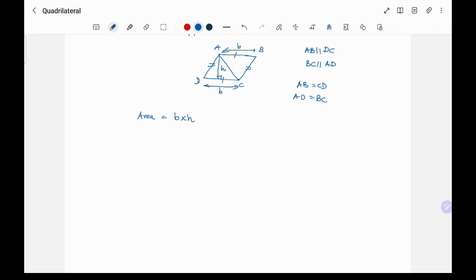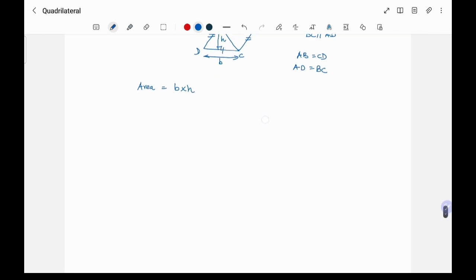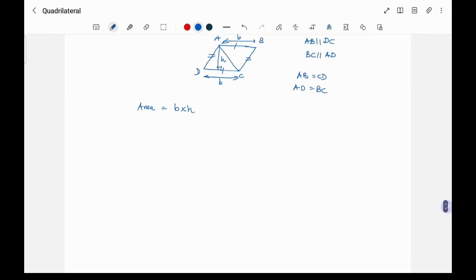So it is half into b into h and half into b into h, which together makes b into h. Again, area can also be seen from the vector formula as the cross product between two of the adjacent sides, which will give you half into DC into DA into sine theta. So the half will not be present, right? Because it's a parallelogram and not a triangle.